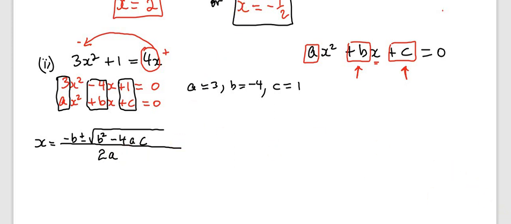So let's punch in our values now. So x equal, this will go underneath this step here. So what are we going to replace? We're going to replace the b.